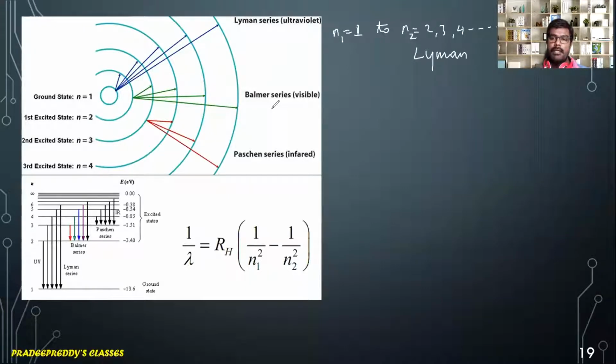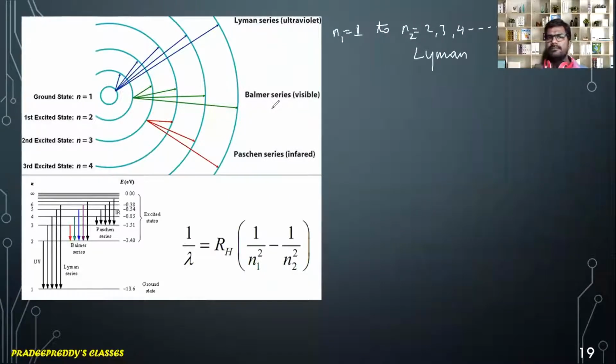In chemistry, you will be learning absorption spectrum, where the electron takes some energy and undergoes transition from n equal to 1 to 2, or 3, 4, 5, 6. In such cases, we call it Lyman series. The converse I am teaching you here: from n equal to 1, because it has greater energy, we are dealing with emission spectrum, not absorption.